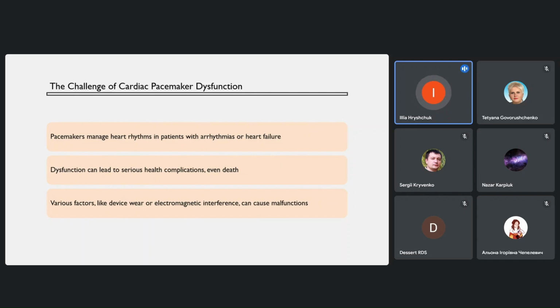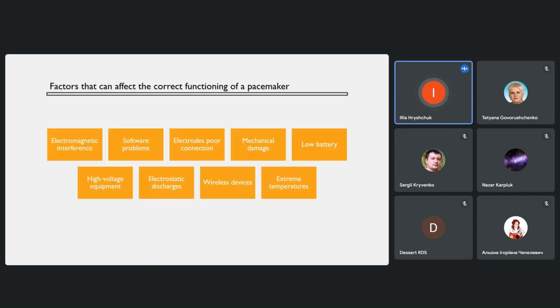If a pacemaker that regulates the heart rhythm fails, it can lead to consequences in the patient's health, or it can lead even to death. A huge number of factors can affect the correct functioning of a pacemaker, and all of them must be properly processed to guarantee the safety of a patient.